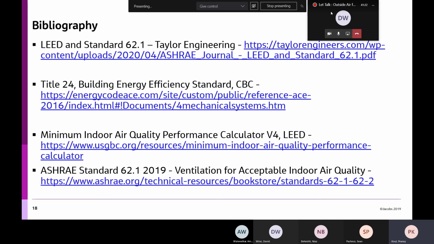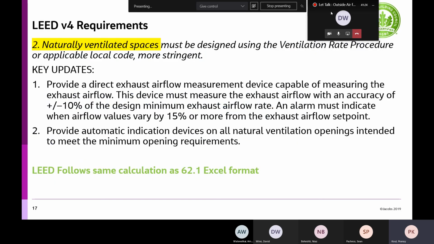And finally, we also discussed several key updates with regards to LEED, and these key updates are again best practices. But for any designer, some of these are minimum requirements. So going above and beyond these minimum requirements would be beneficial for the intended occupancy.